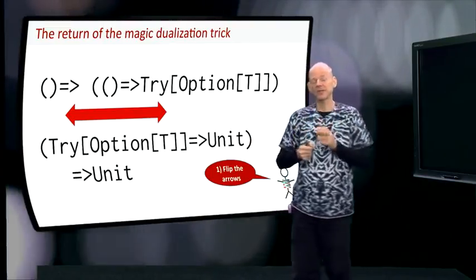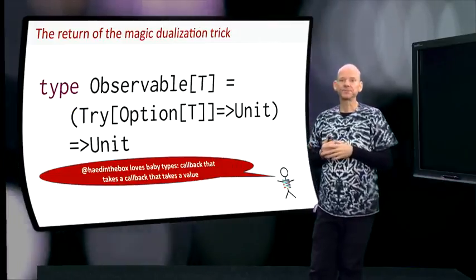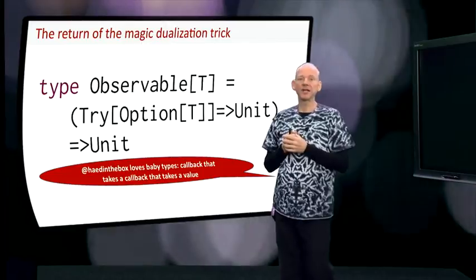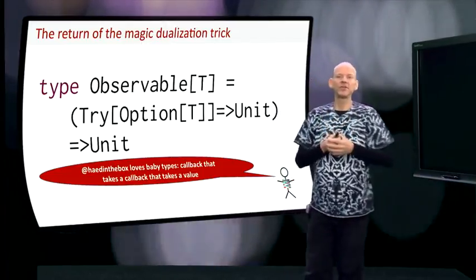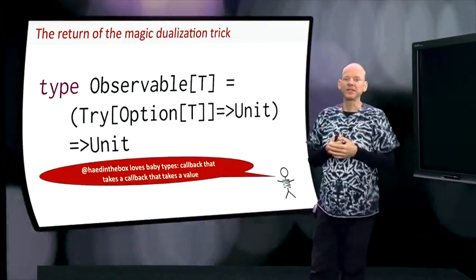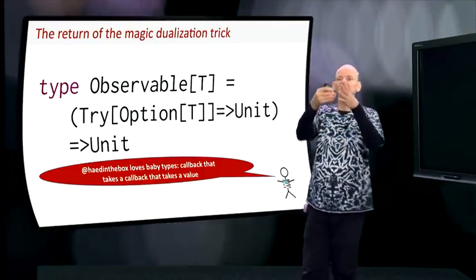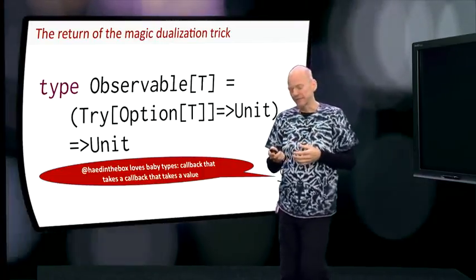All right, so that's what I mean by complexification. So the first thing is to give this type a name, and let's call it Observable of T. So Observable of T is a setter of a setter, like this.